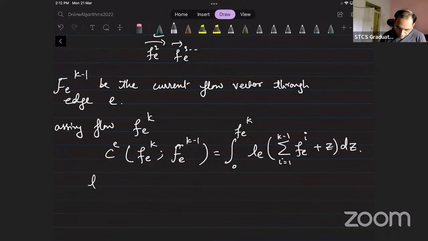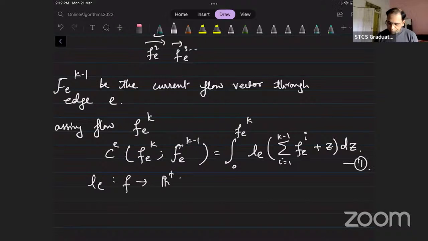Where l_e is some function defined for each edge. Can somebody interpret my cost function? Is it clear, first of all, what I'm trying to do?